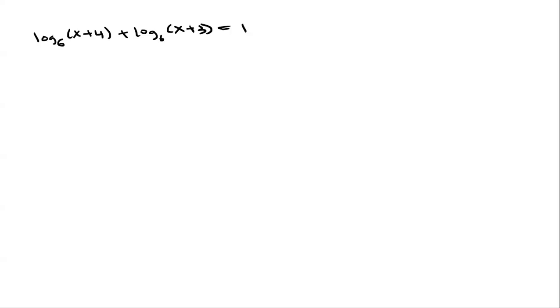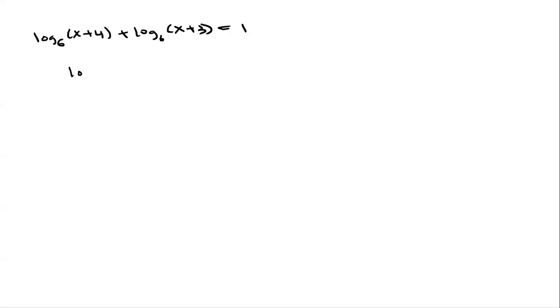Okay, so here we have log base 6 of x plus 4 plus log base 6 of x plus 3 equals 1. All right, so again, we're going to apply that property where we put these together, the middles.